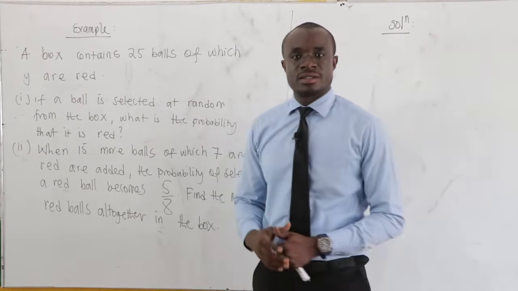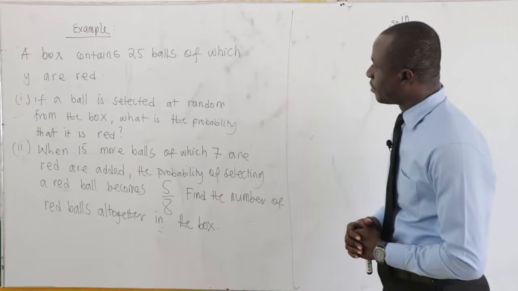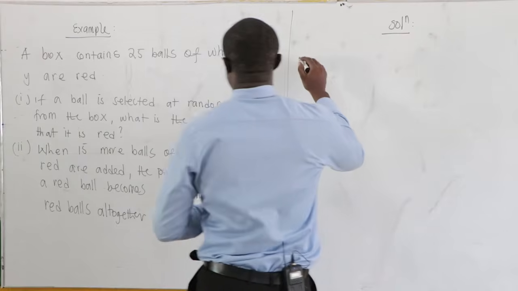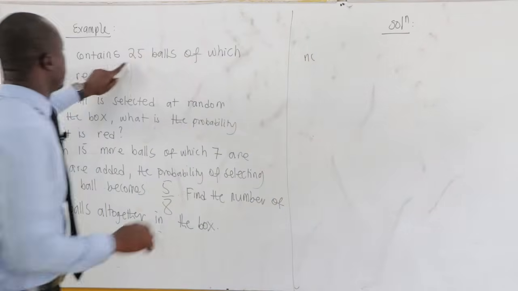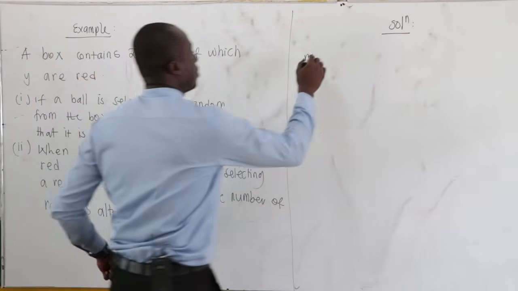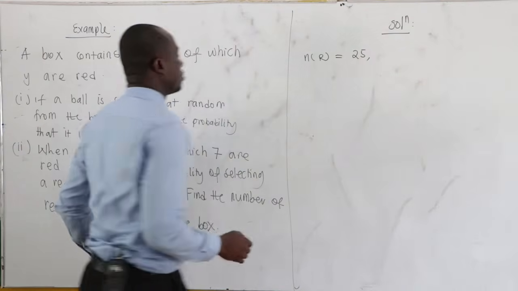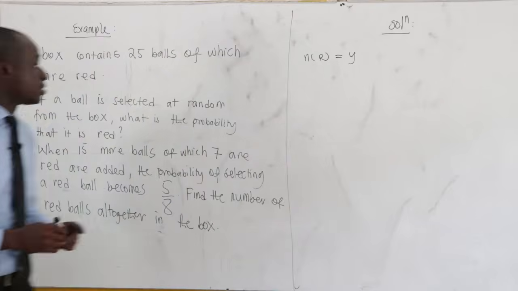Now let's consider this particular example. A box contains 25 balls of which y are red. So what do you have? The number of balls that we have here is 25, of which y are red. So number of red balls is y.